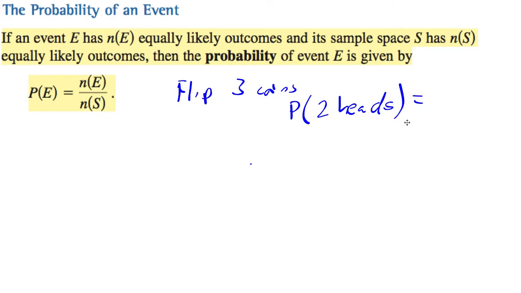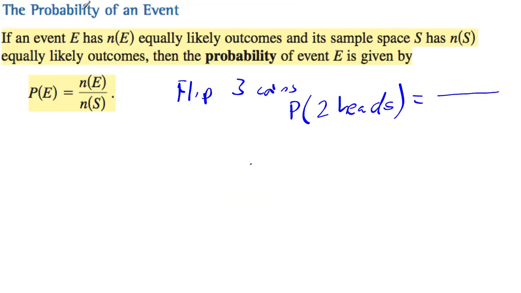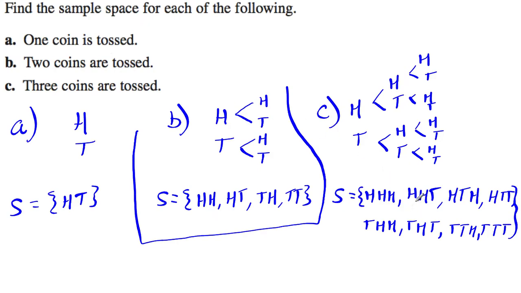Well, this is going to be equal to the amount in the sample space. So here, I flipped 3 coins. So what's in the sample space? 8. So the number in the sample space is 8. And how many times do I get 2 heads?